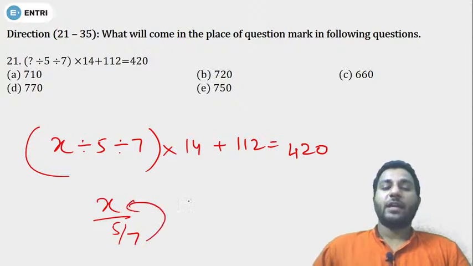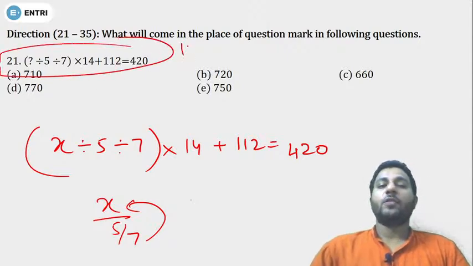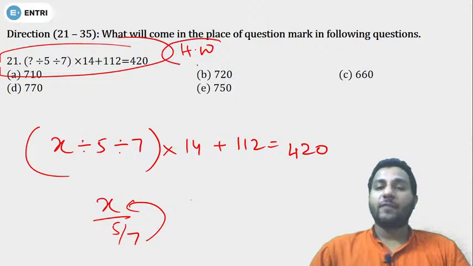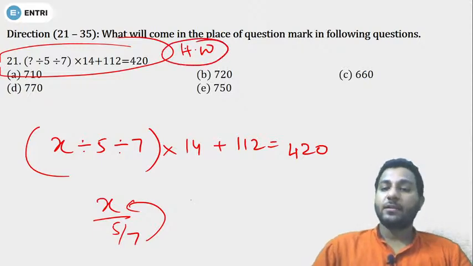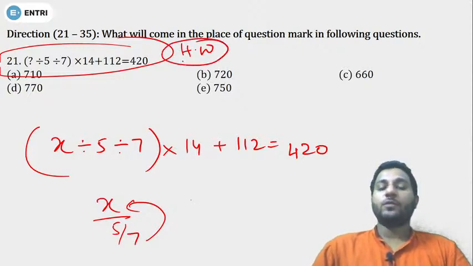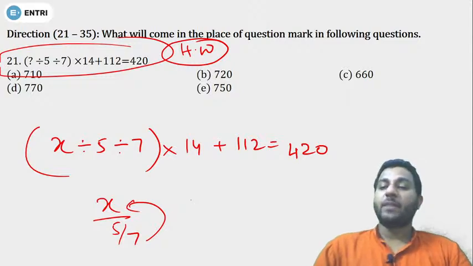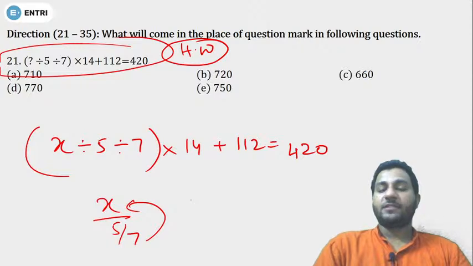Okay, it will be divided. So you can easily figure out the answer and you can solve it. Okay, so this one I am giving you as a homework. Give me the answer of this question and I want all of you to solve it and comment on the chat section. Okay, let's see what you are getting.